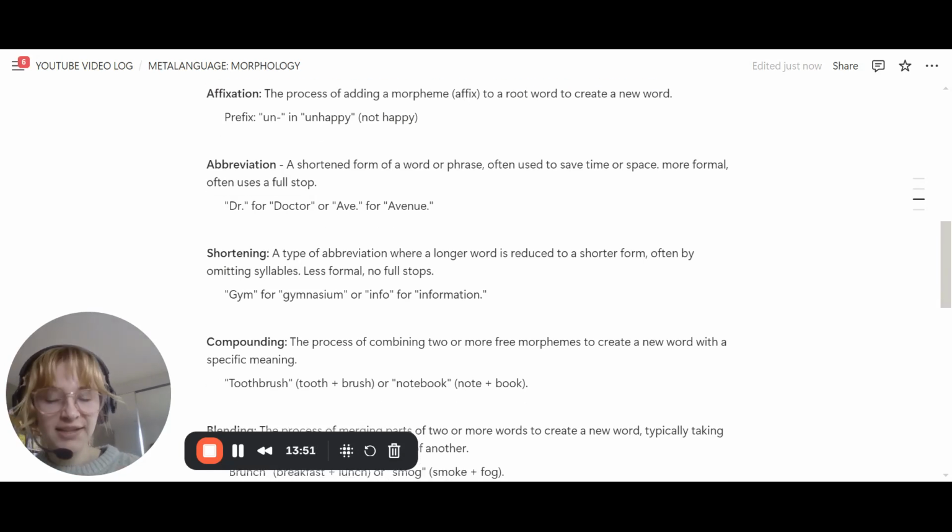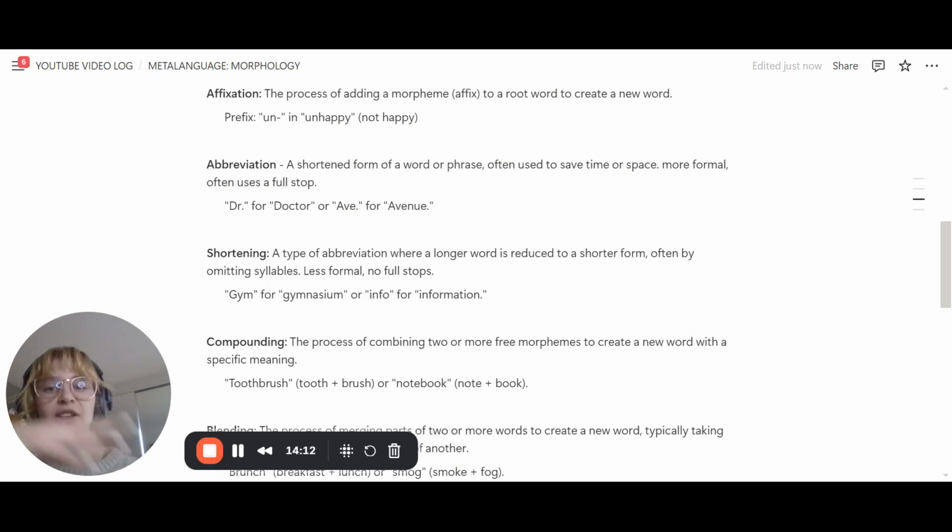Abbreviation and shortening. So both of them involve chopping up a word to make it shorter. Abbreviation is generally a bit more formal, and if it has a full stop, that's more likely to be abbreviation. For example, doctor or avenue with dots. Ave or Dr with a full stop is more likely to be an abbreviation.